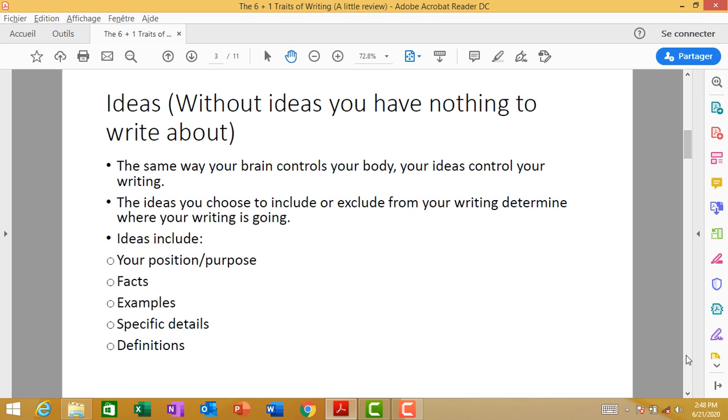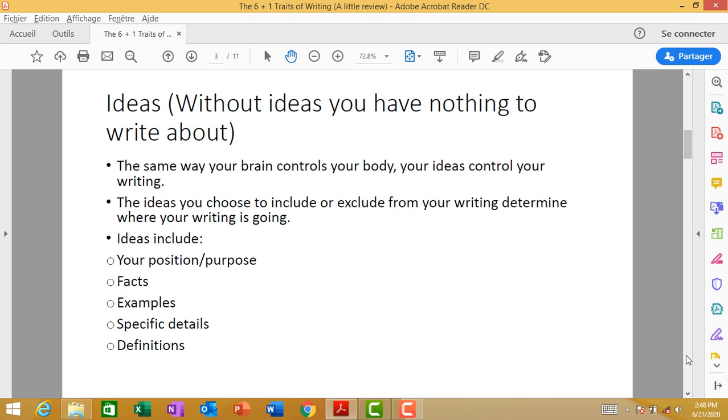So ideas can include your position, purpose, facts. You're going to come up with facts, statistics. You will provide examples. You will come up with specific details. You will give definitions. So this is all of the things that you need to gather before you start your piece of writing.